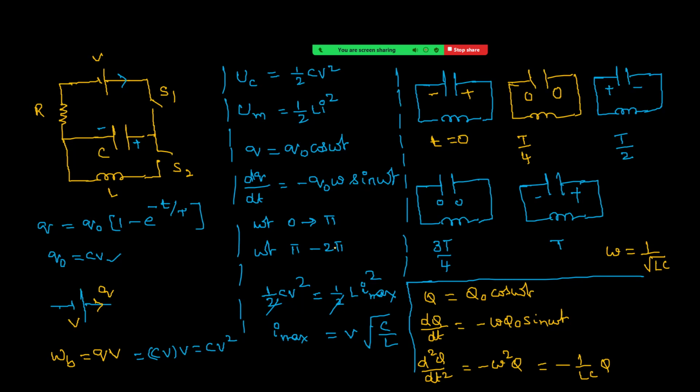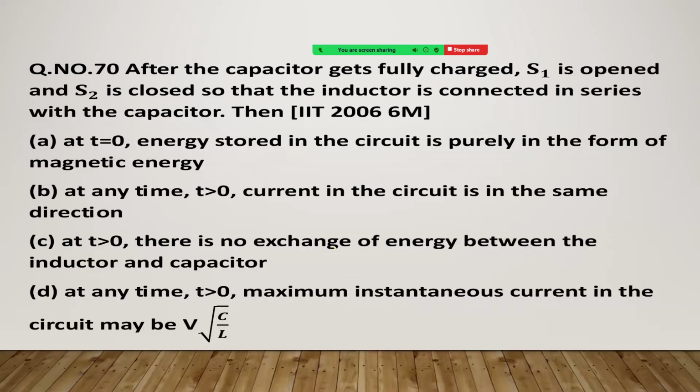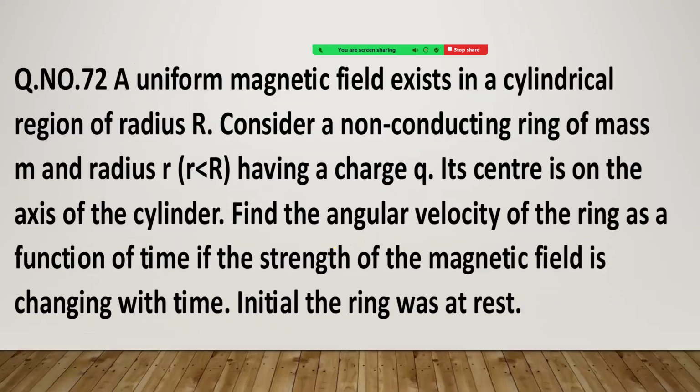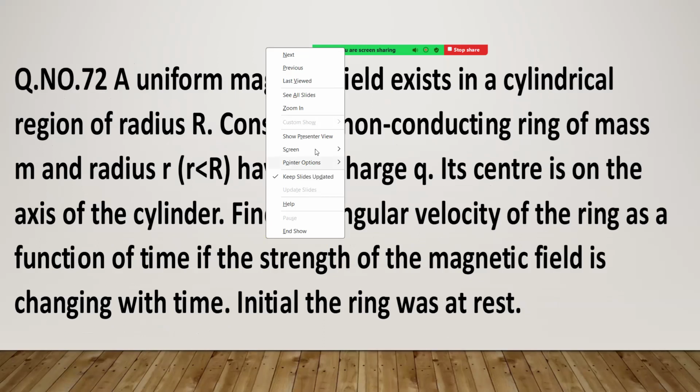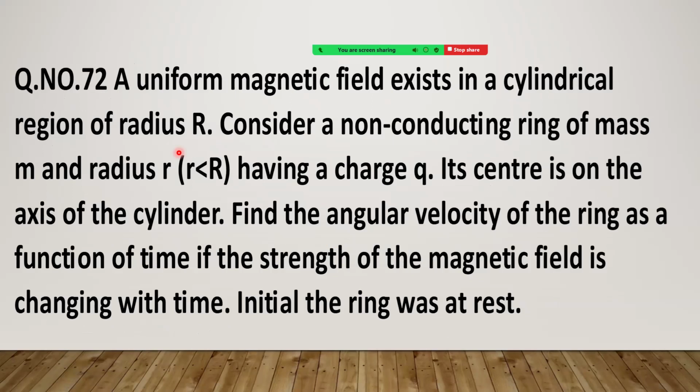Okay, let's see the next one. Right. The next question is based on time varying magnetic field. See what is given. A uniform magnetic field exists in a cylindrical region of radius R. Consider a non-conducting ring of mass m and radius r, which is less than R, having a charge q.